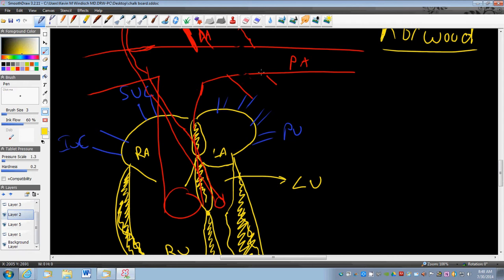Well, the first thing we do in the Norwood is we're going to create a neo-aorta. And you can either use Gore-Tex or you can use part of the pulmonary artery. I'm not really sure what is most common these days. And for that, I would defer to some of my attendings from back in the day.